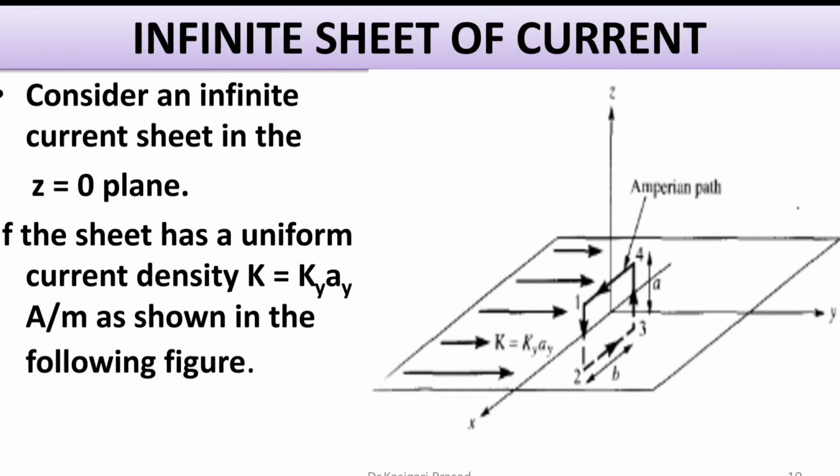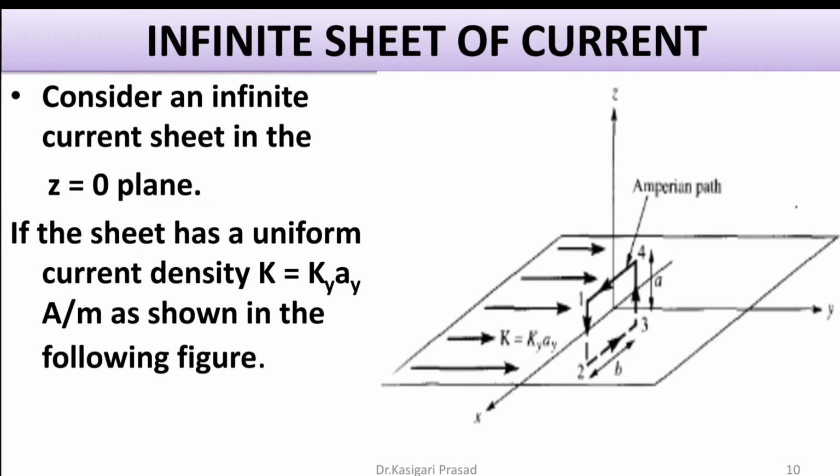The sheet has a uniform current density K equal to Ky ay amperes per meter, as shown in the following figure. The currents are moving along the y direction, as shown by the arrow marks.